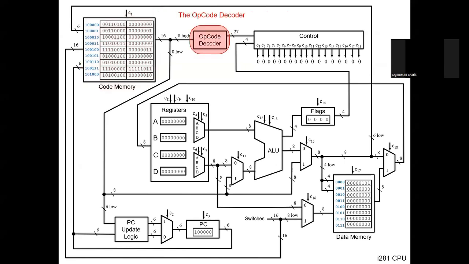Next is the opcode decoder. Each instruction is associated with an opcode, and this decoder detects which instruction has been fetched from the code memory, that is, which operation code it contains, corresponding to which we have to follow a certain instruction.